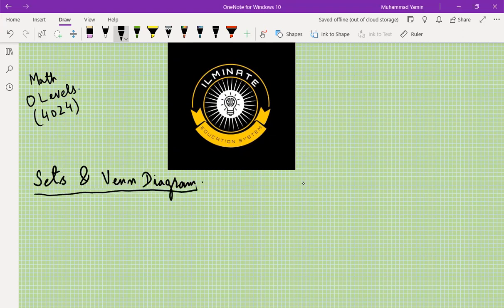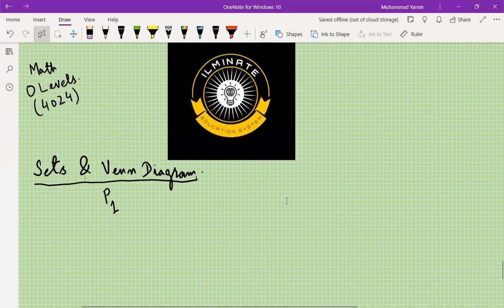Starting with sets and Venn diagram, basically this is a topic related to paper one, and it does not need any help of the calculator because in this we don't get to have calculation. We normally do things in a way which can be done without a calculator. Therefore, it is specifically taken as a topic of paper one. But it can come in paper two as well, with some difficulty level higher than the normal one.